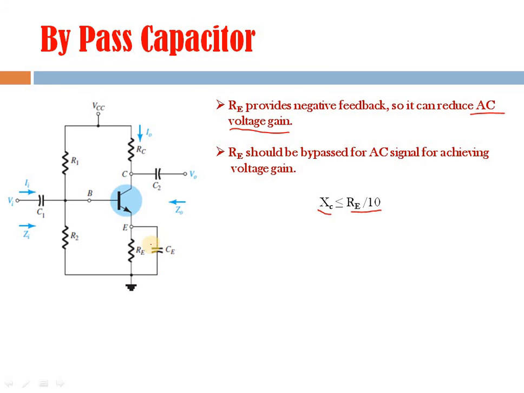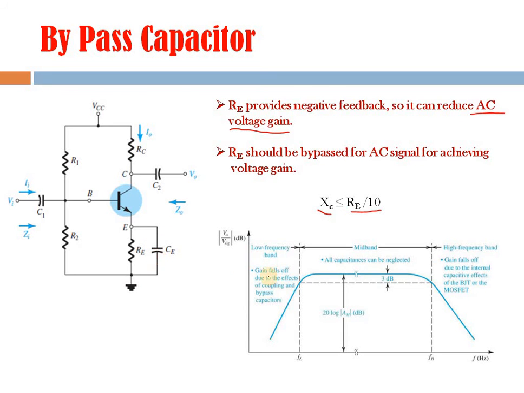But you know that the impedance depends on the frequency. So which frequency should be used to calculate this? You know this kind of bandwidth diagram for an amplifier. We have to see what lower cutoff frequency we want in our amplifier circuit, and whatever calculation we do for finding the value of CE, for those calculations we should use this lower frequency from this spectrum.